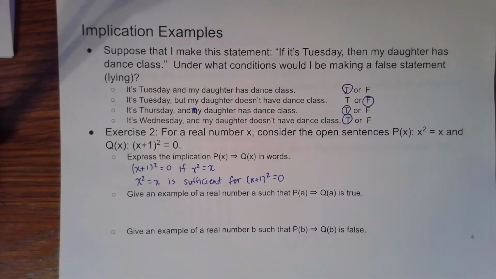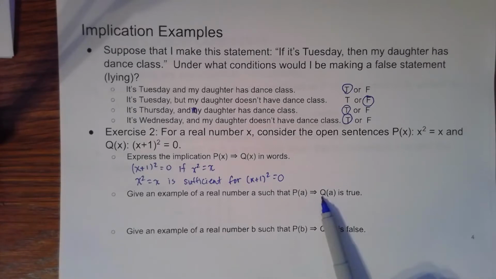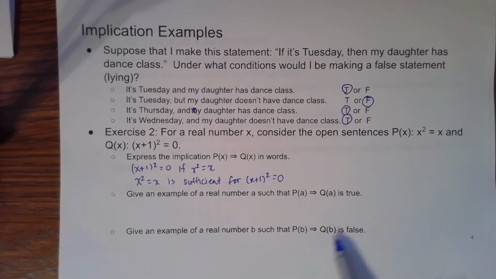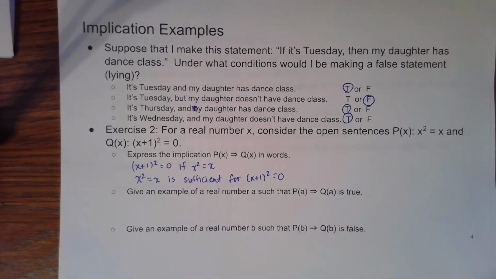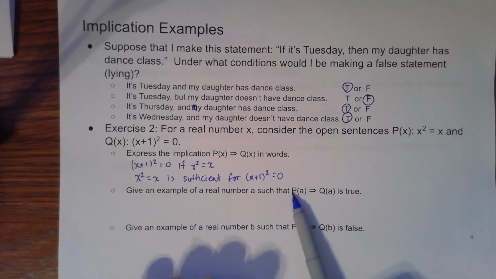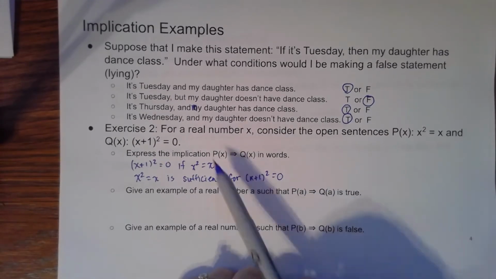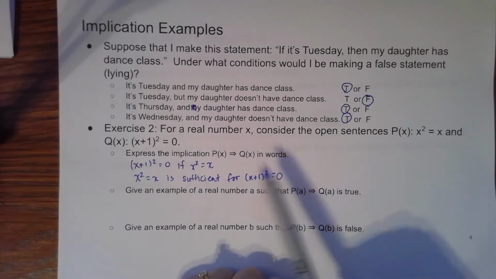Okay, now let's look at some examples where we could get this implication to be true and where we could get this implication to be false by fixing or assigning an actual value to x. So in order to do that, we want to figure out all the places where P of x could be true and all the places where Q of x could be true.